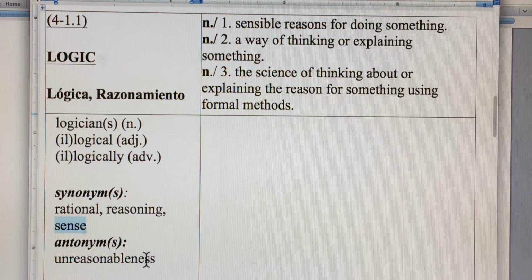And here sense means sensible reasons, not like your five senses, but using good sense, like the sense of reasoning in your thinking. One antonym to know is unreasonableness. The NESS makes it a noun.